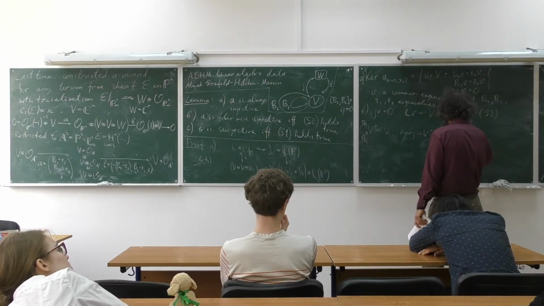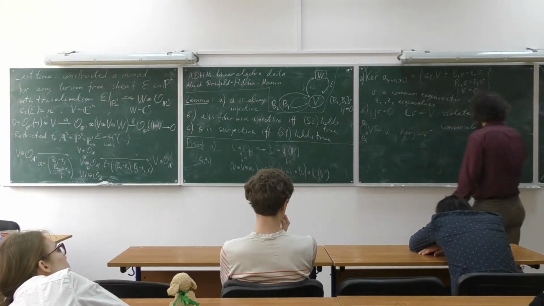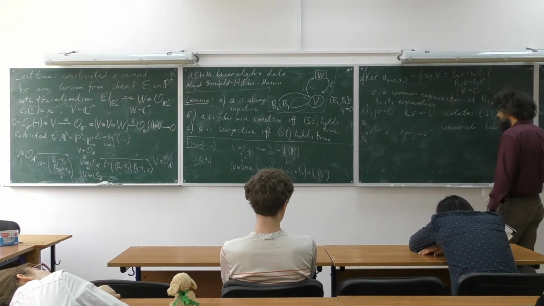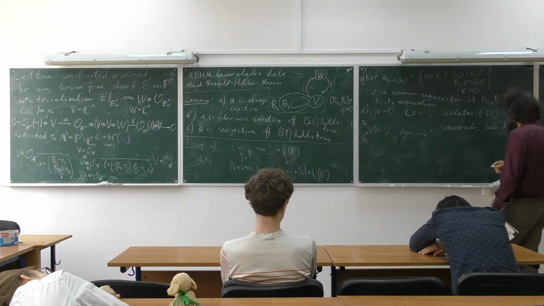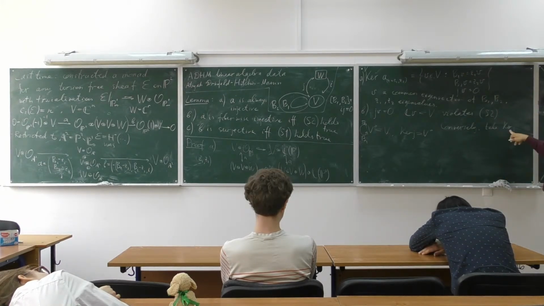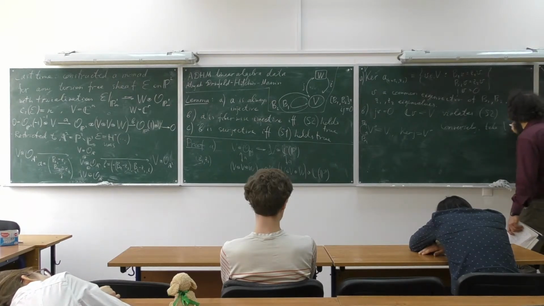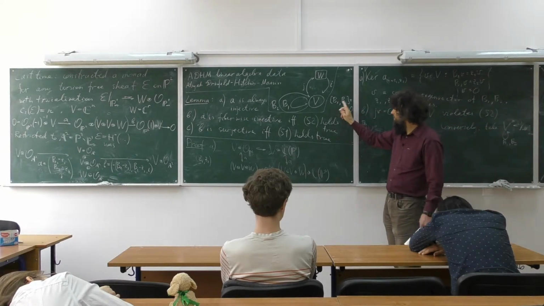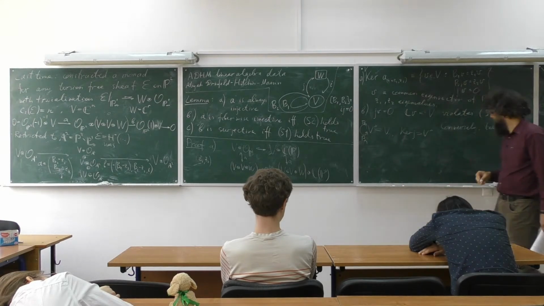Conversely, take the kernel of J, and inside the kernel of J take maybe this V second. Then it is invariant under B1, B2. And since we are in the kernel of J, B1 and B2 commute, right?